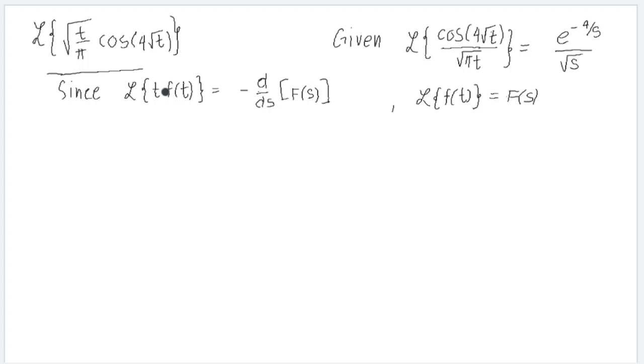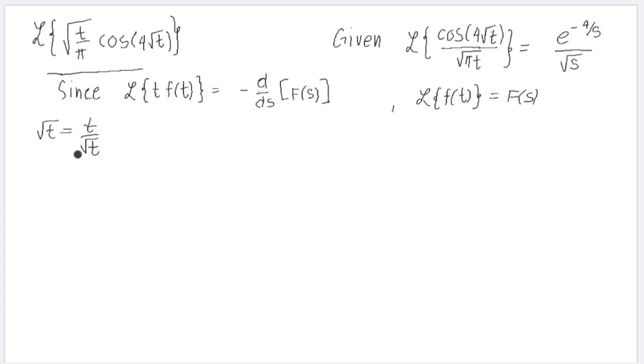Now, to solve for this format, we're gonna need to eliminate the square root here. Since we know that square root of t is equal to t over square root of t, we put the t here because we want to express this inside function in the same format, so we need to put the t in the numerator.